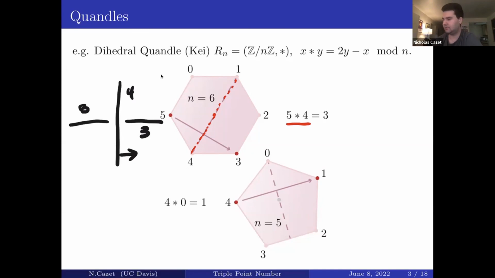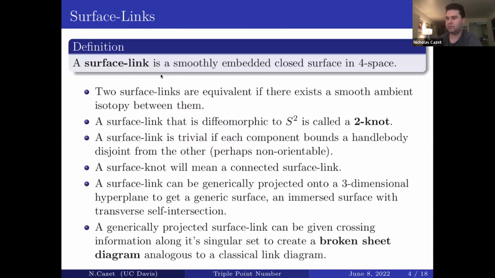So, okay. A surface link is a smoothly embedded closed surface in 4-space. And the knot theory, the link theory of this is that you work up to ambient isotopy, or up to smooth isotopy. If your link is just diffeomorphic to S2, it's called a 2-knot.